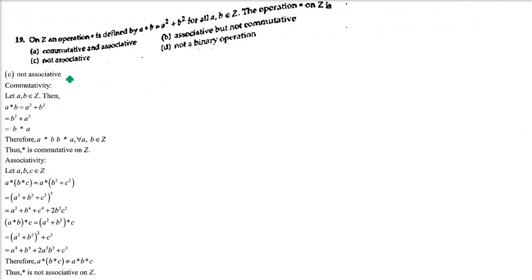Next: on Z, the operation star is defined as a star b equals a square plus b square for all a and b belonging to Z. We have to check all of these.